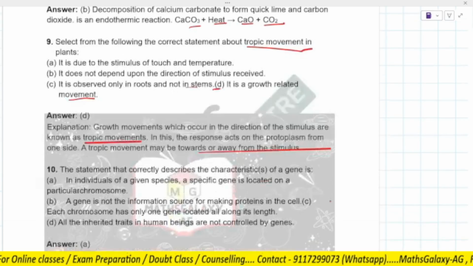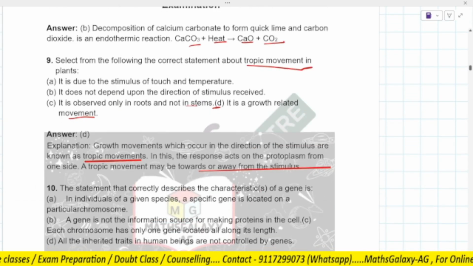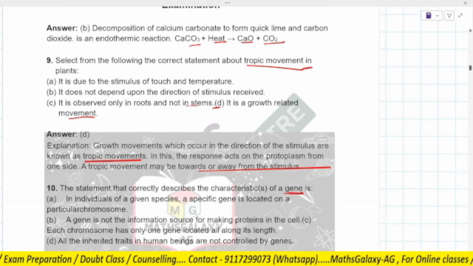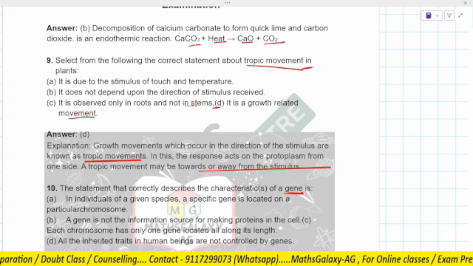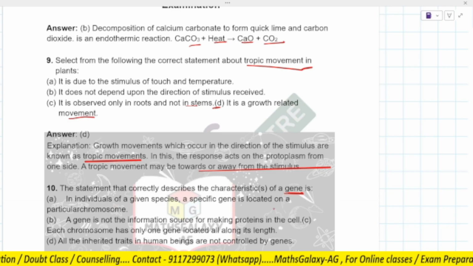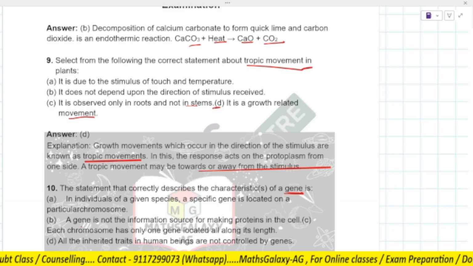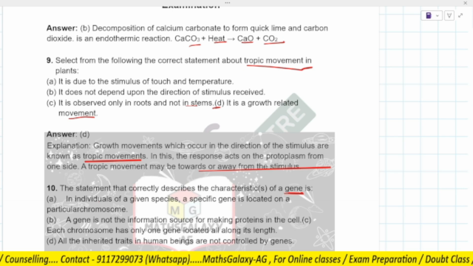Okay. See here, the next question: the statement that correctly describes the characteristics of gene, right? Option A said that in individuals of a given species, a specific gene is located on the particular chromosome. Option B: a gene is not the information source for making protein in the cell.